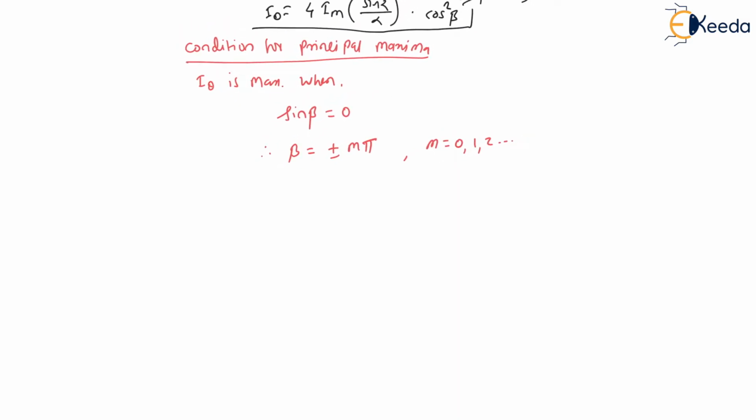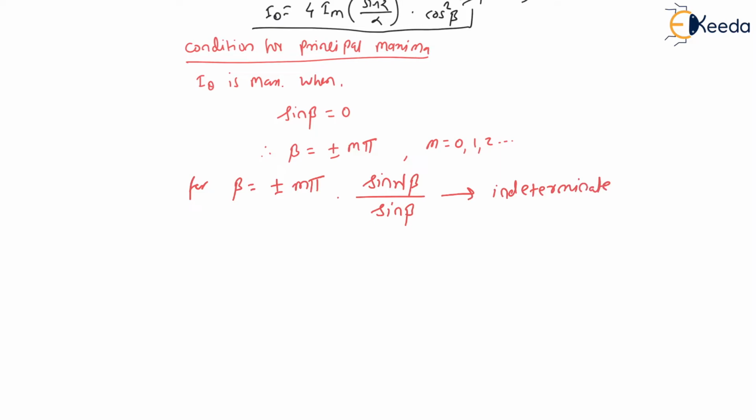For β equal to plus minus mπ, the term sin nβ upon sin β will be in the form of 0 by 0, because there is the term sin nβ divided by sin β. So this will become indeterminate.